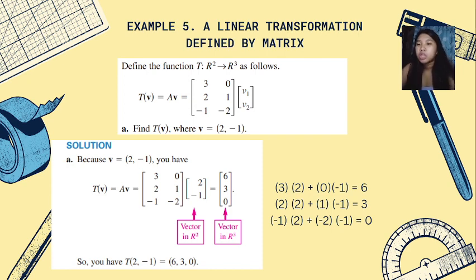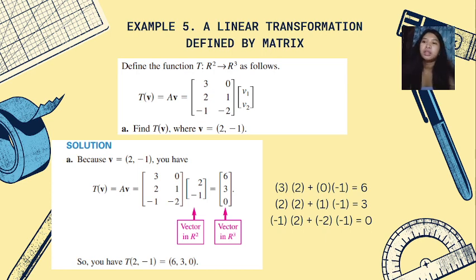So we will come up with an answer 6, 3, and 0 as our vector in R3. So how did we come up with that answer? So alam naman natin, in adding vectors, we have to add it row by column.